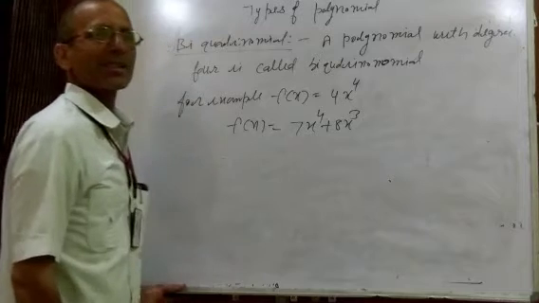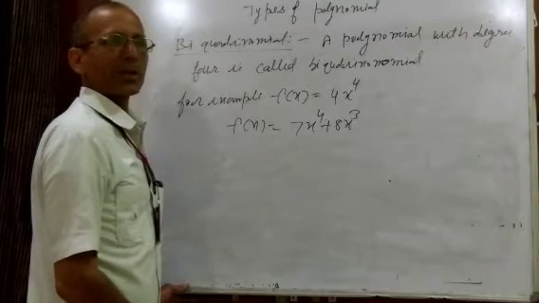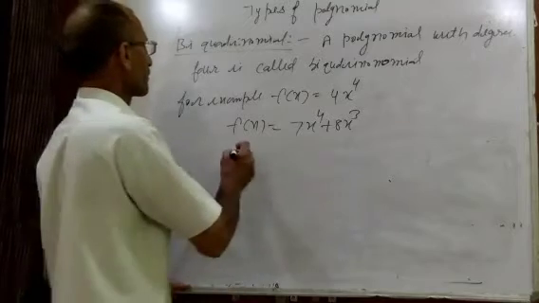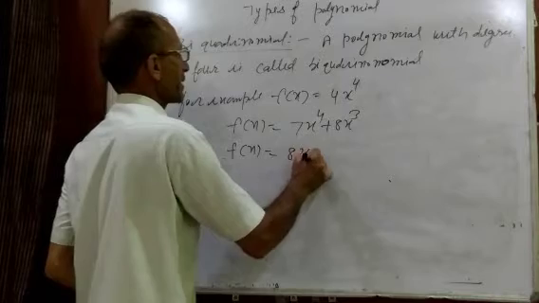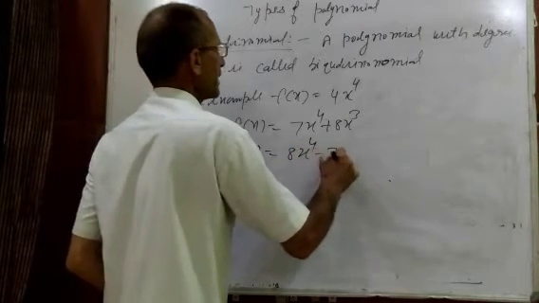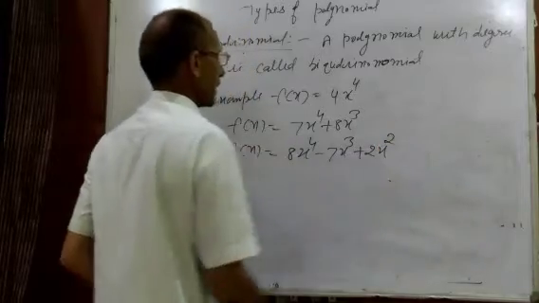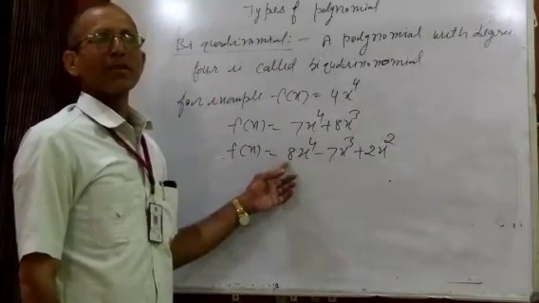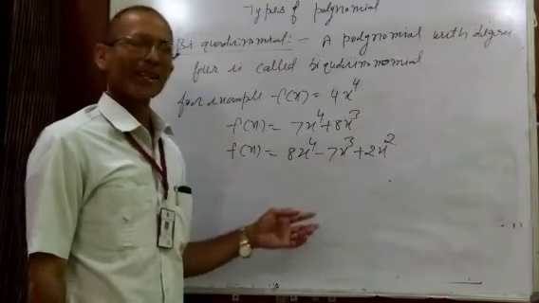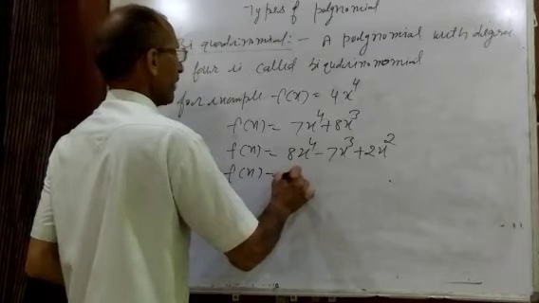This is a biquadrinomial with two terms, a binomial. f(x) is equal to 8x raised to the power 4 minus 7x cube plus 2x square. This is also a biquadrinomial with three terms, a trinomial.